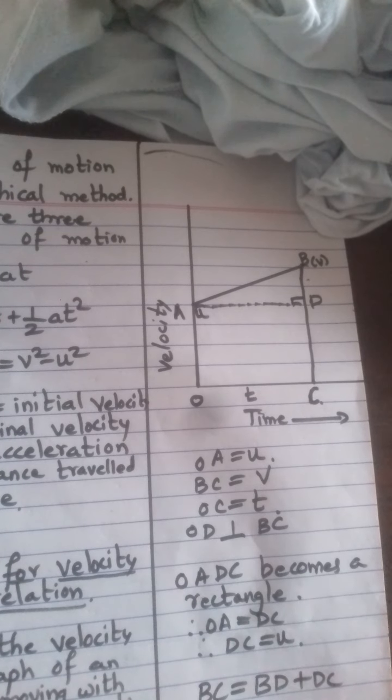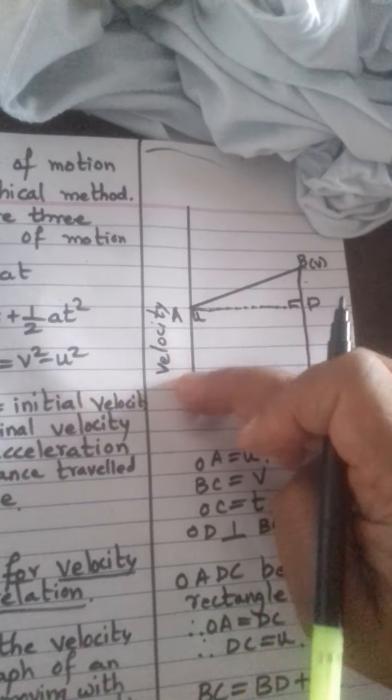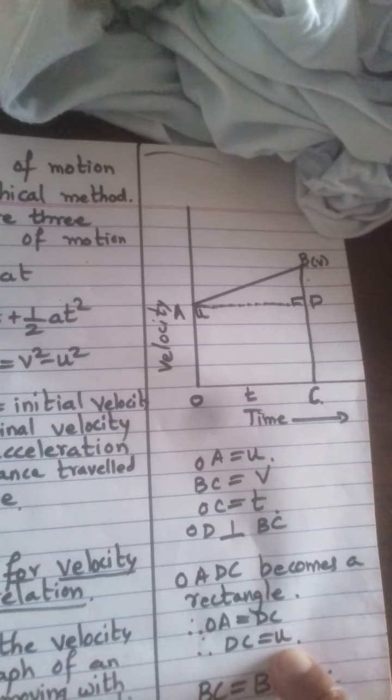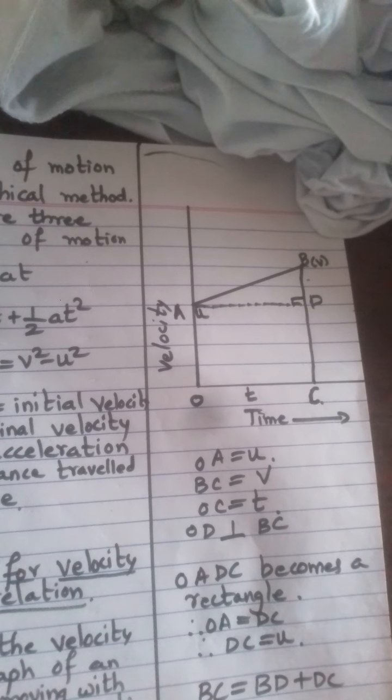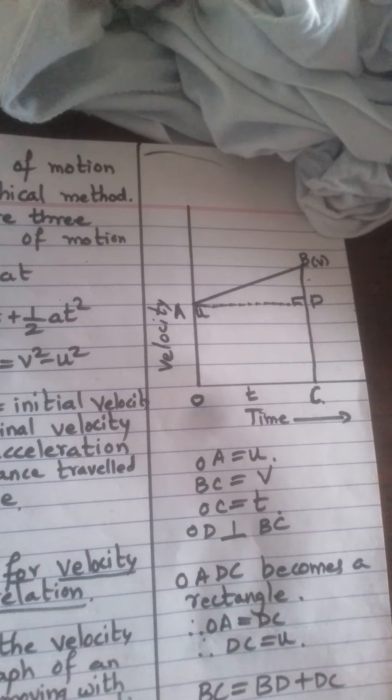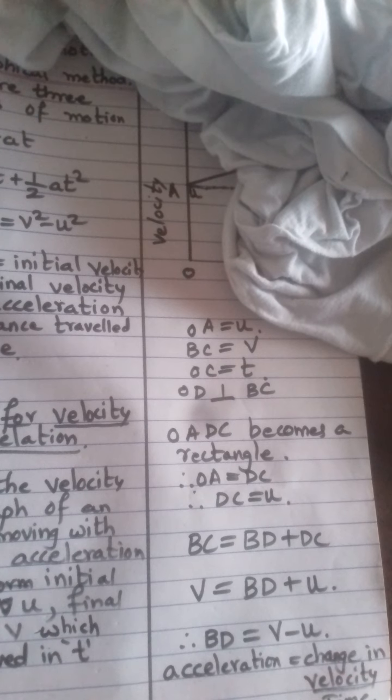BD we don't know, let us find it out. And DC is the same as OA, and DC is equal to u. So in place of DC I will write u. So BD is equal to v minus u.